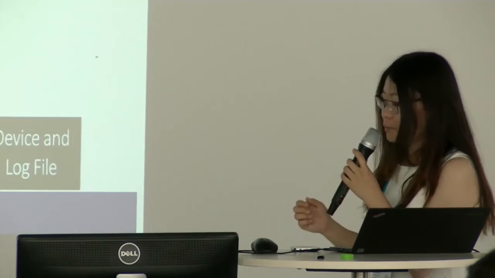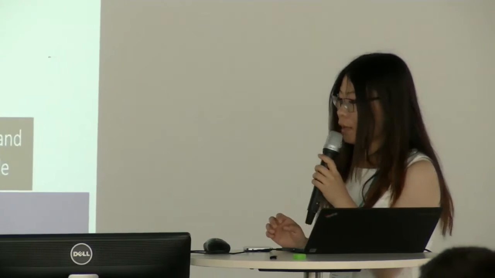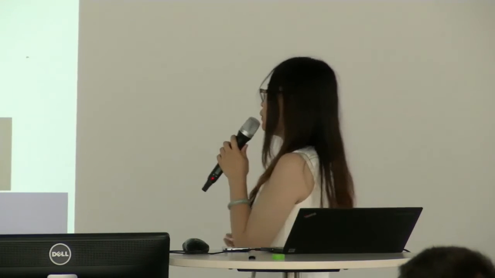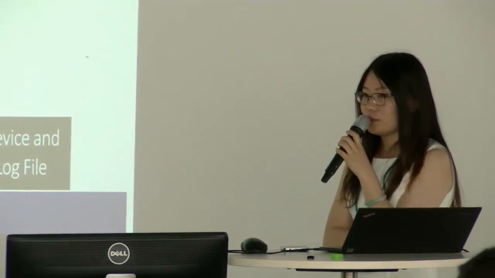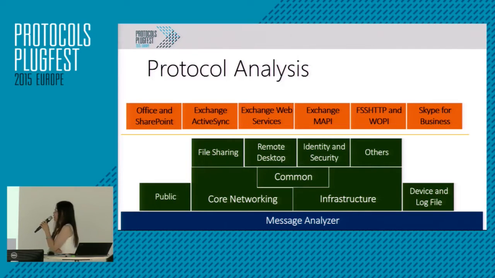But we did not stop there. After that, we developed different Office parser packages. For example, we have the Office and SharePoint parsers, which can be used to interpret SharePoint traffic online.